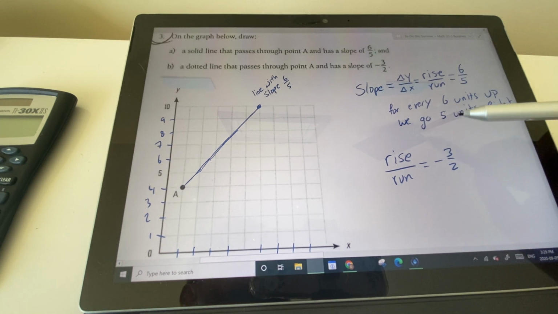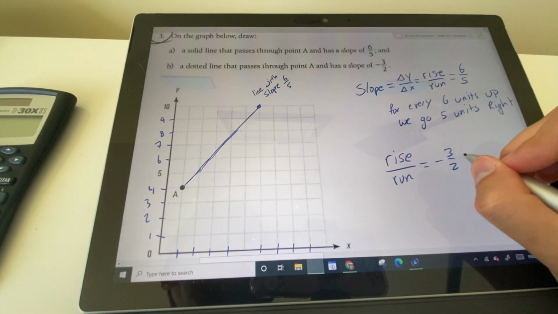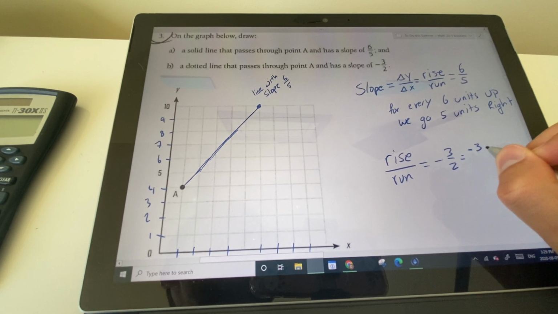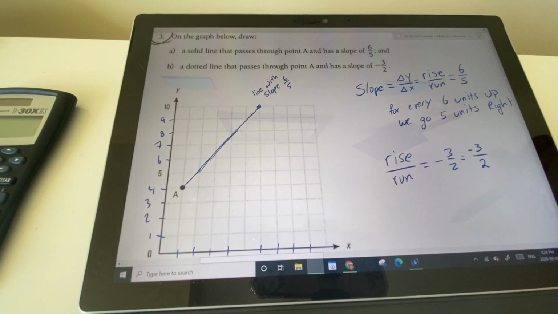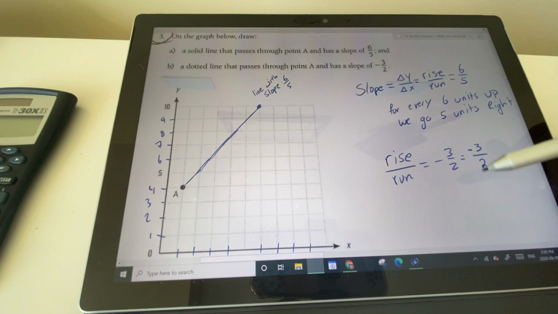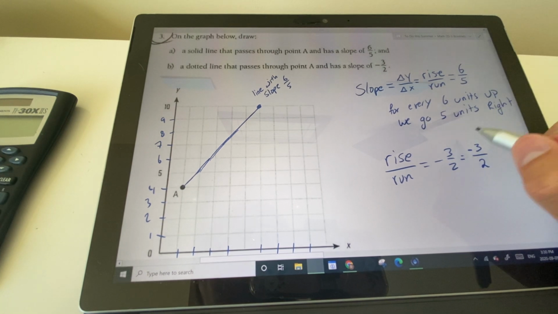Okay, let's simply make this negative 3 over 2. If you did it the other way, if you did 3 over negative 2, you're going to get the same answer. But now that we have a negative value on our rise, that means we have to go 3 units down. Okay, that's where that negative comes from. This negative says down.